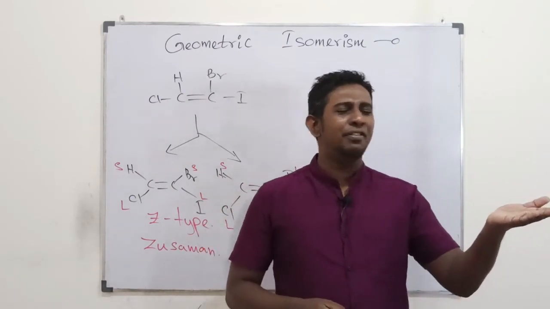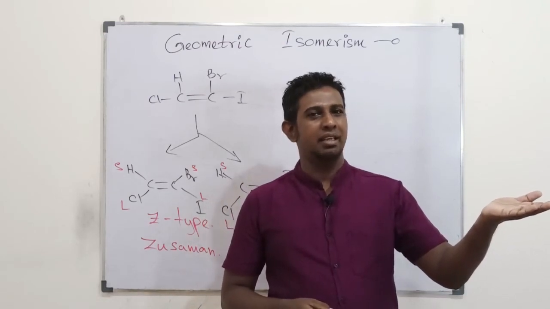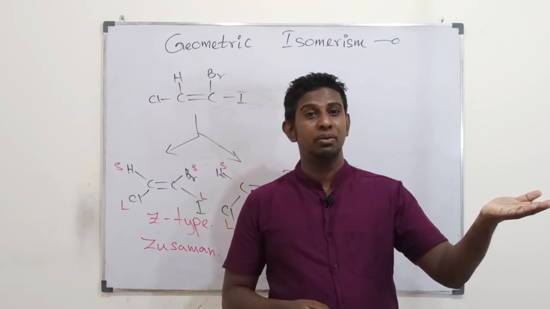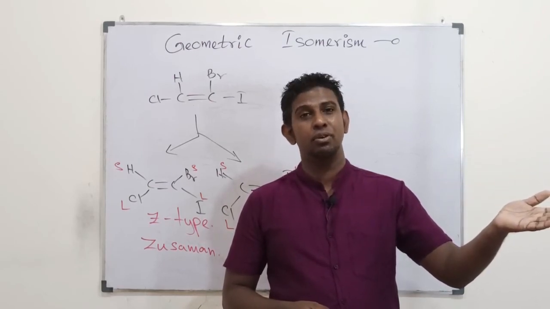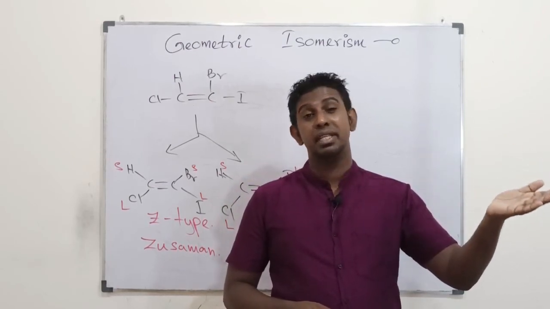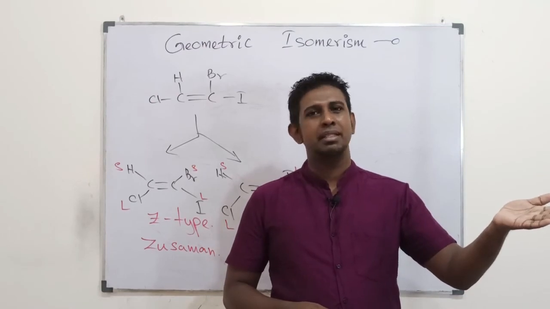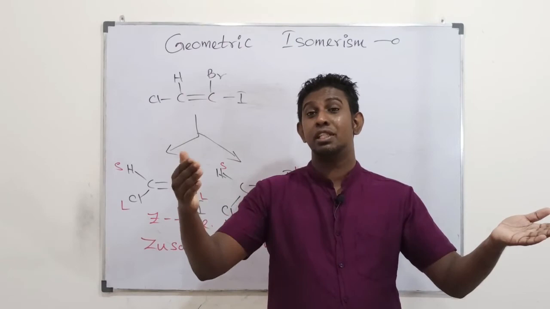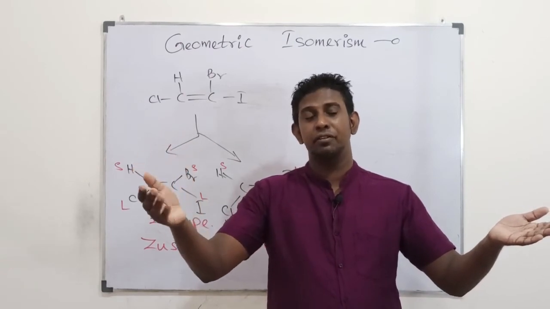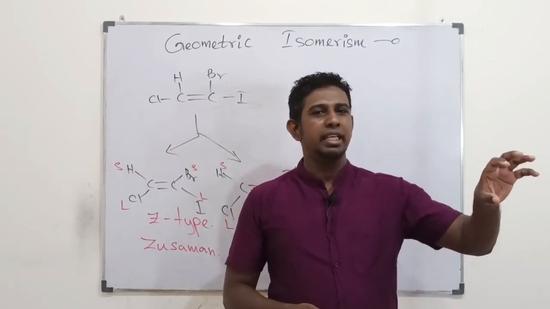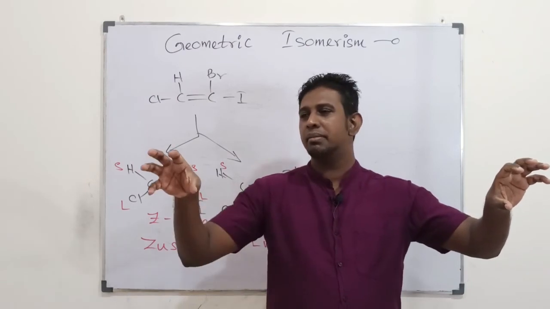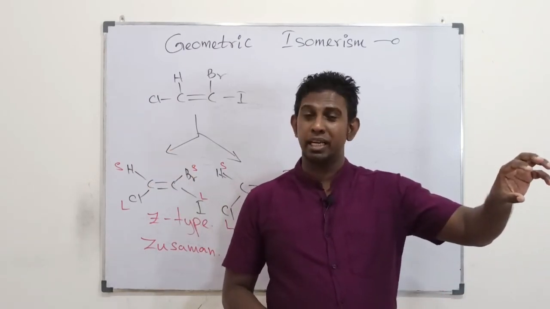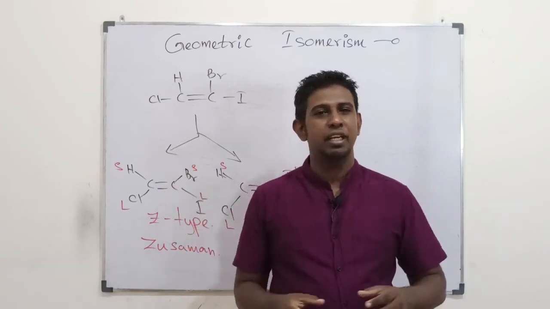We found different structures having different structural formulas. But sometimes they have the same structural formula as well, but their spatial arrangement is different. So we named them accordingly as structural isomerism, or constitutional isomerism, and three-dimensional isomerism, or stereoisomerism.